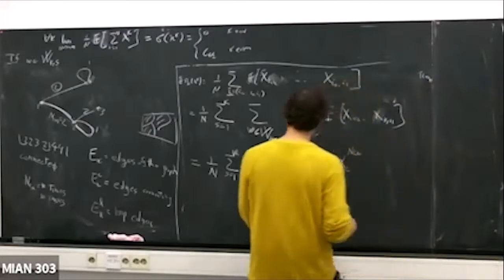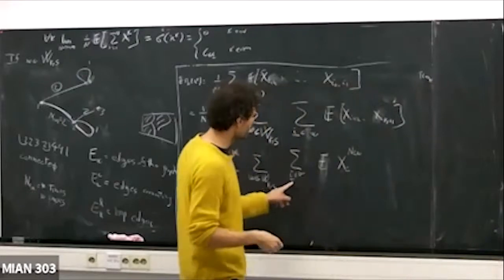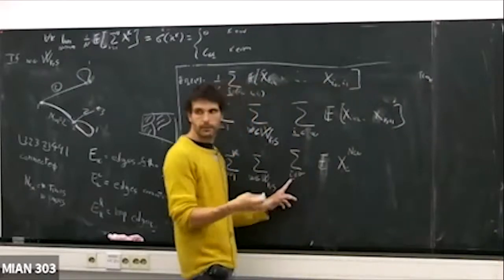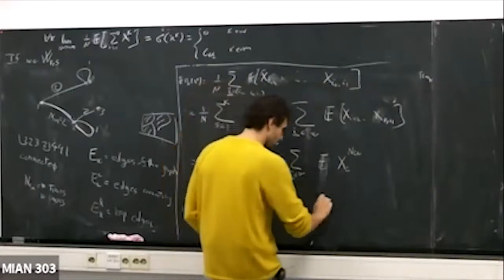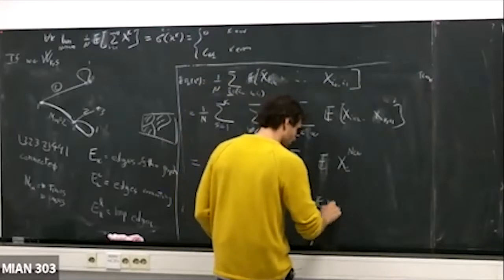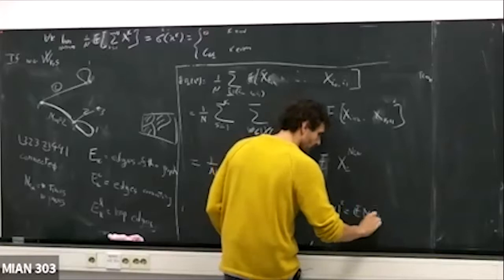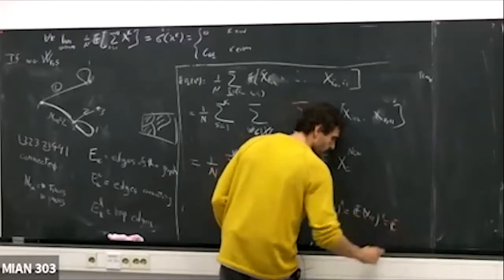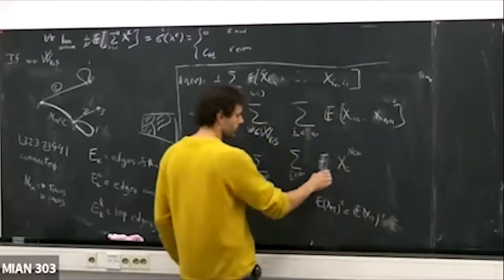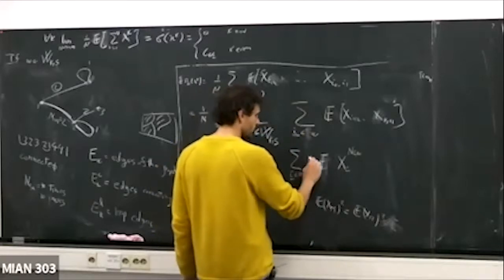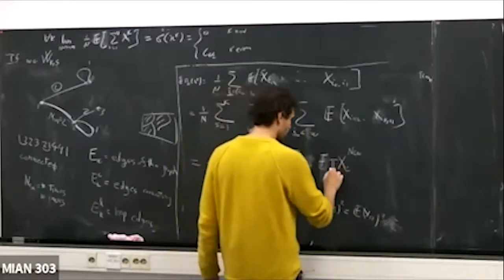This clearly only depends on the word, since these are i.i.d., it doesn't depend on the order, because, for example, the expected value of x_{35} squared is equal to the expected value of x_{12} squared. It's indeed the expected value, okay? And then I have to take, however, the product over all the edges.